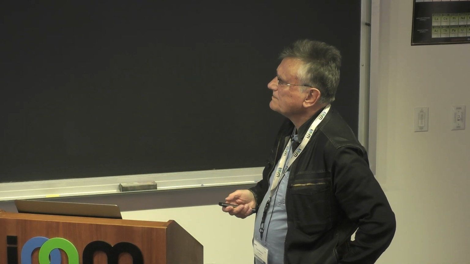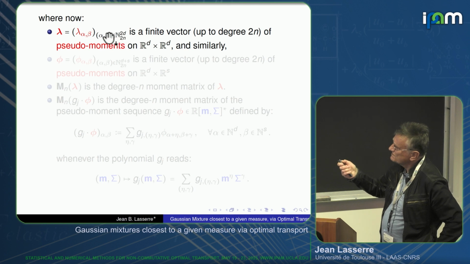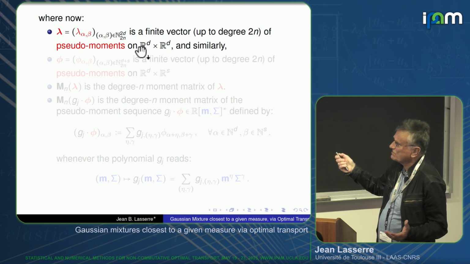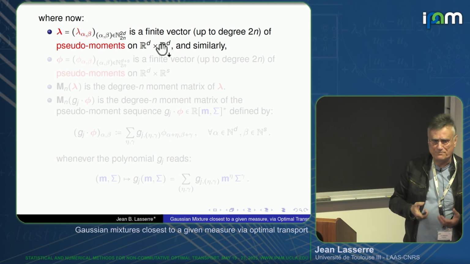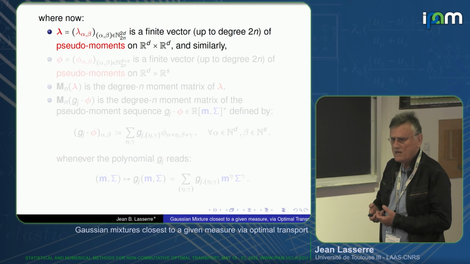Now, as I said, lambda is just a vector of scalars of this dimension. It's a finite vector up to degree 2n of pseudo moments of the joint distribution lambda. We call them pseudo moments because we have only necessary conditions on them to be moments.